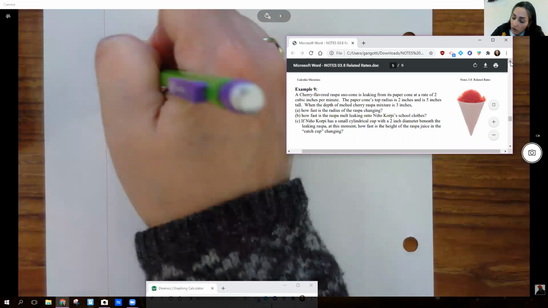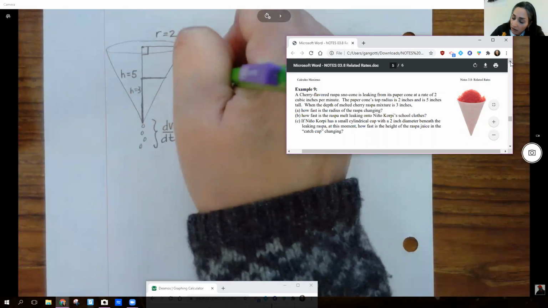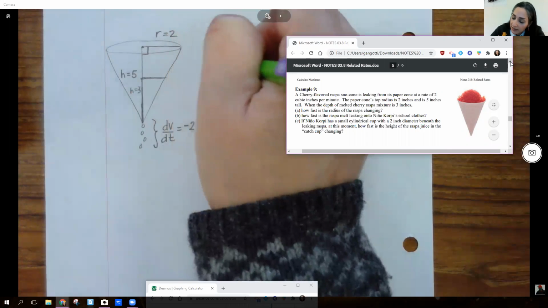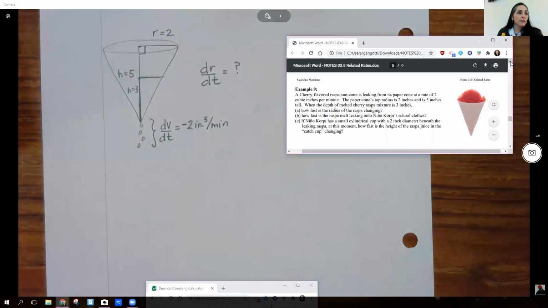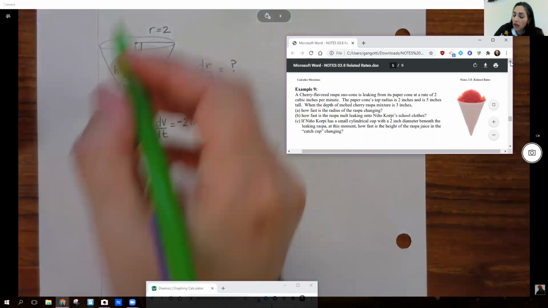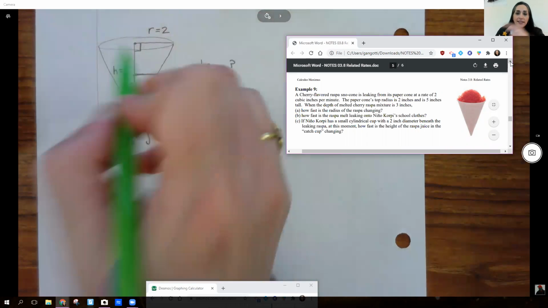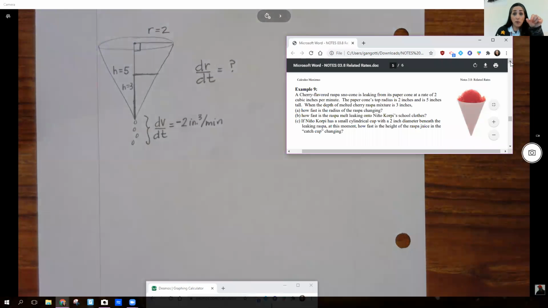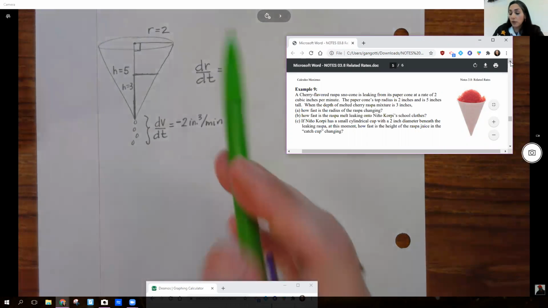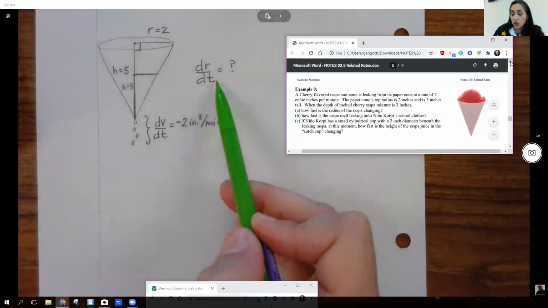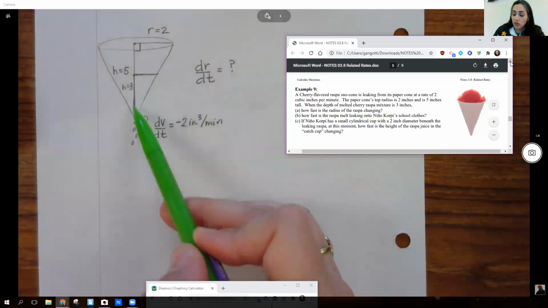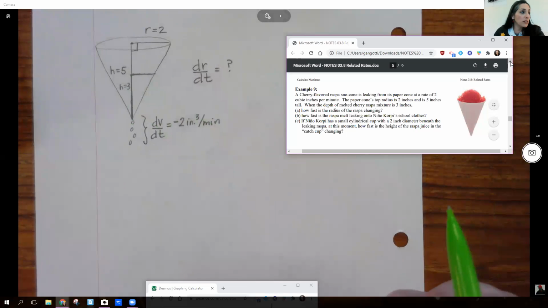So we want to know dr/dt. I'd really like to know how quickly the radius is getting smaller and smaller, because it starts at the top of the cone and works its way down. So I want to know how fast that radius is shrinking when we get down to just 3 inches of snow cone stuff in the cup.